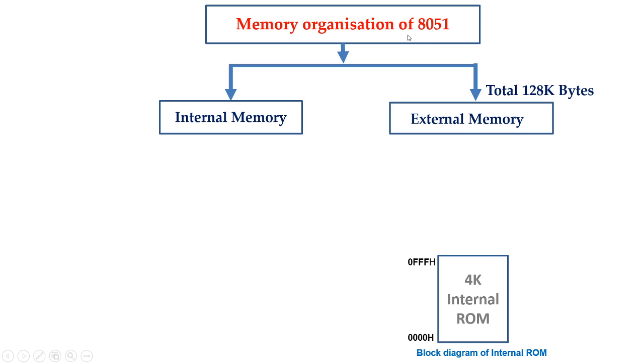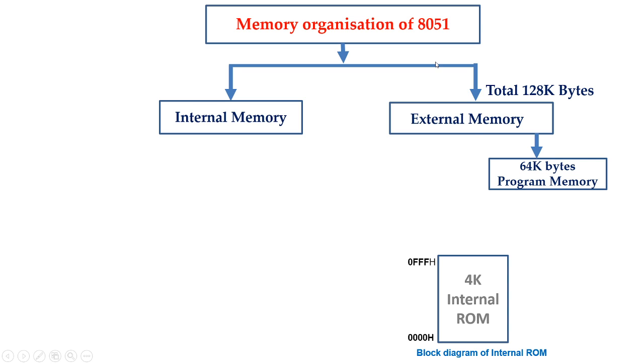The 8051 is an 8-bit microcontroller and its address bus is 16-bit, so 2 raised to 16, that is 64K memory, is addressed by the 8051. This external memory is again divided into two types. The first one is 64K bytes program memory.